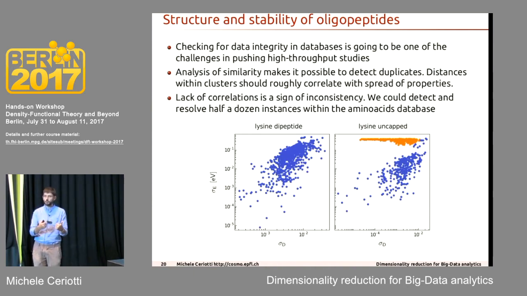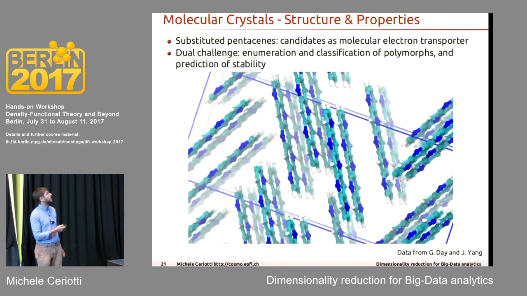Effectively the same structure would be tagged as having two very different energies. So this kind of automated analysis, I believe, will be extremely important as databases of structures, perhaps of heterogeneous provenance, are combined together. It's extremely important to make sure that they are consistent.